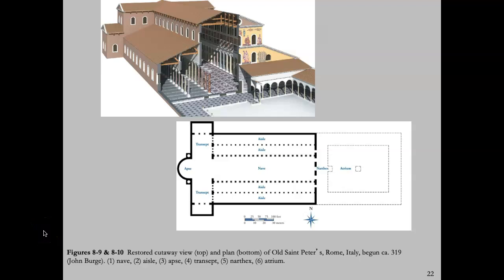Old St. Peter's was built by Constantine because he thought that this was the place that St. Peter was buried. So it operated not just as a church, but also as a burial site. Constantine also felt that it should be commemorated by a large gold statue of St. Peter, so that was placed in the apse.